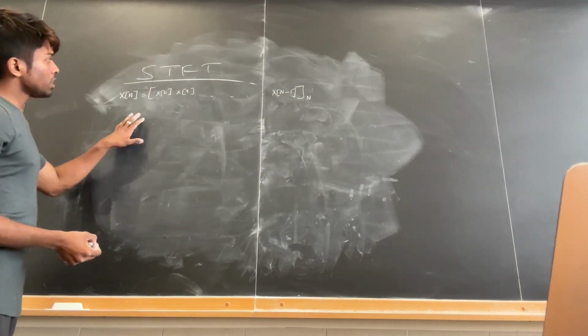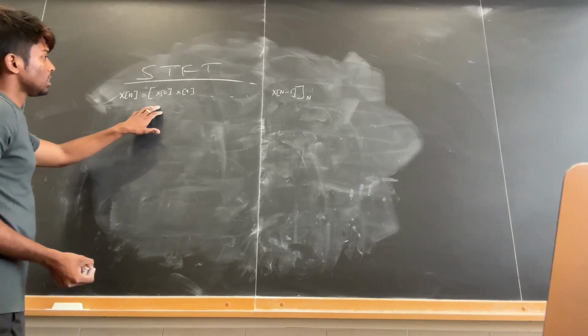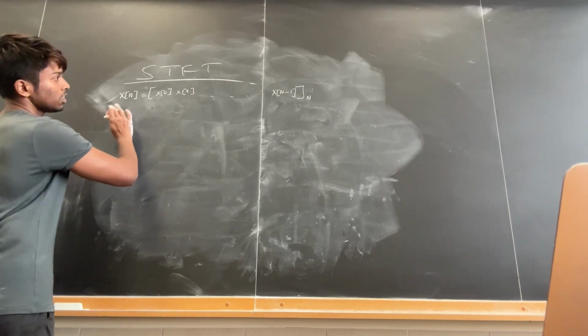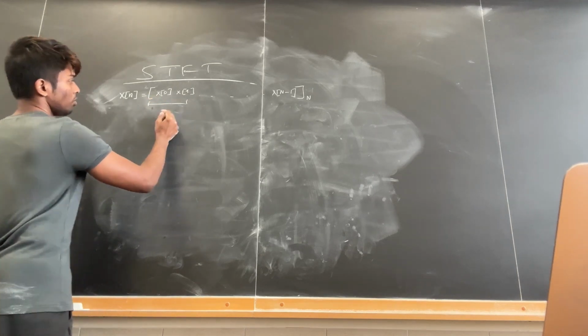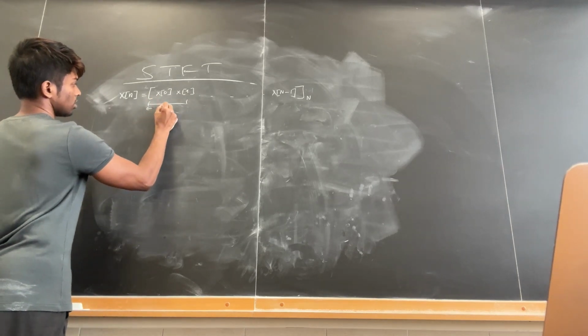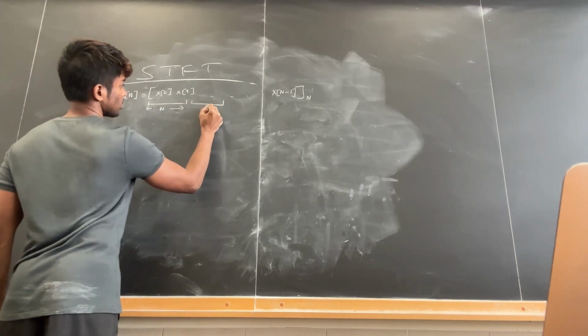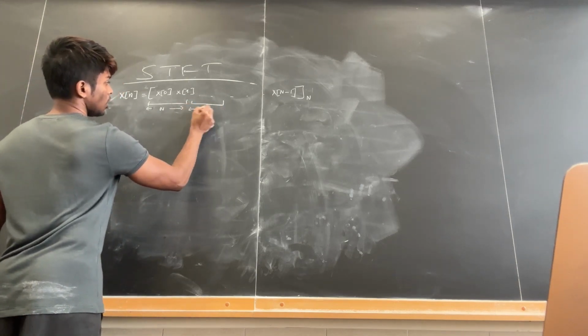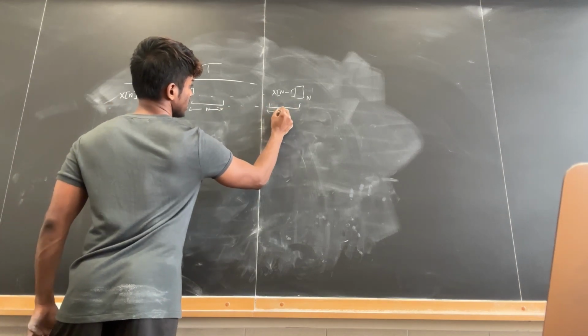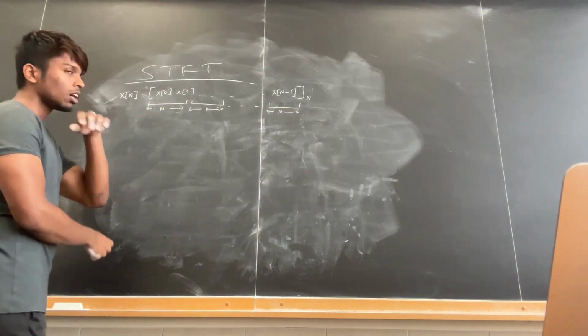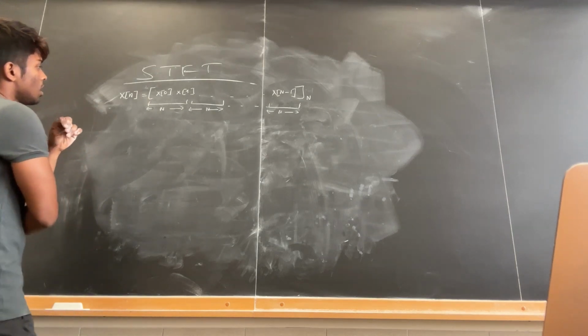The short time Fourier transform is leveraging on the idea that we divide this entire signal into segments of length n. Okay, how do we do that? So there should be such segments of length n.